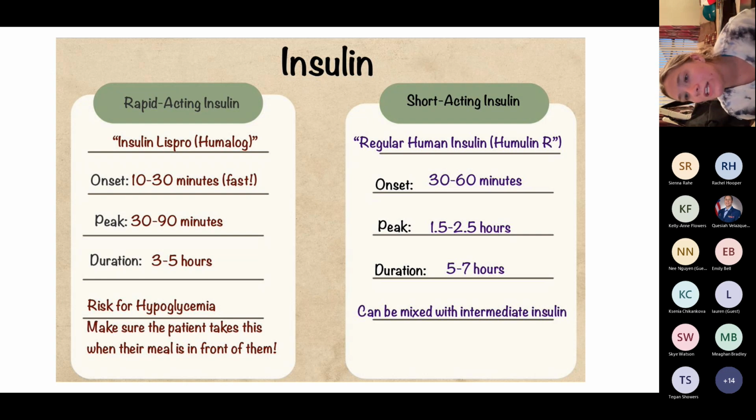Up next, we have our regular insulin. This can be mixed with intermediate insulin. Really, we only mix our regulars and intermediate. The rest we give on their own. With this, just know that we have a peak around the 2 hour mark, so they might need a snack.